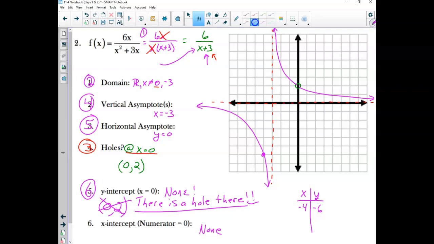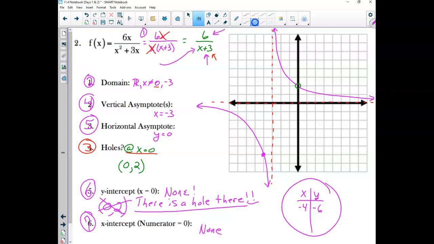Ooh, kind of a crafty one. And then the seventh thing I did was I looked up here, and there's no way to make the numerator of that reduced function equal to 0, so I don't have any x-intercepts. Then I graphed my branch on the right side that went through that hole. I knew it was down kitty corner in the bottom, but most of you probably don't yet.